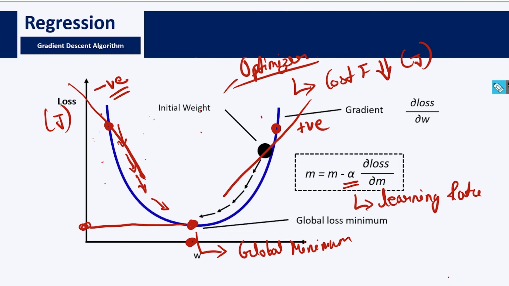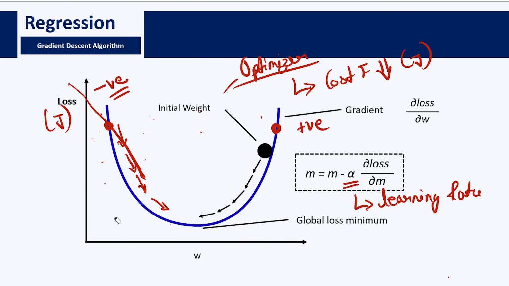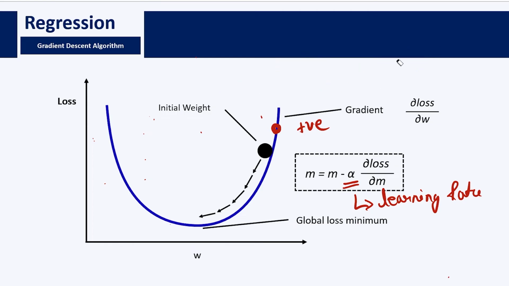Perfect. Now the point is, how can I do it? So simply we can use this formula. So how this formula will be used, that we have to see. So let's suppose here we have taken a value of slope, and let's suppose it is -5.